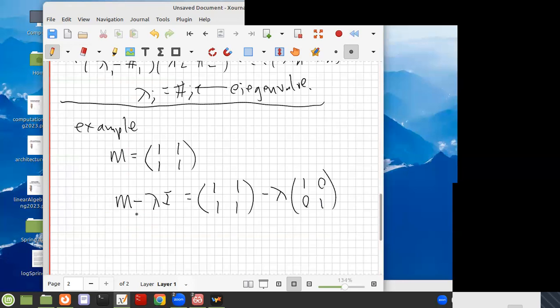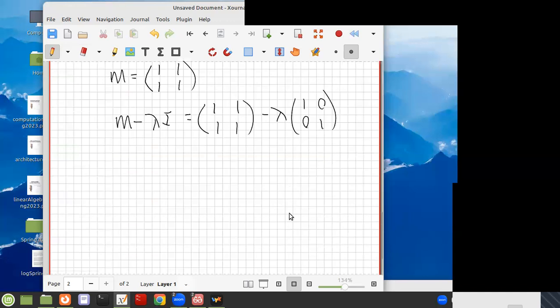There's our matrix that we want to have the determinant being 0, right? Since lambda is only multiplying the identity, this becomes 1 minus lambda, 1, 1, 1 minus lambda.